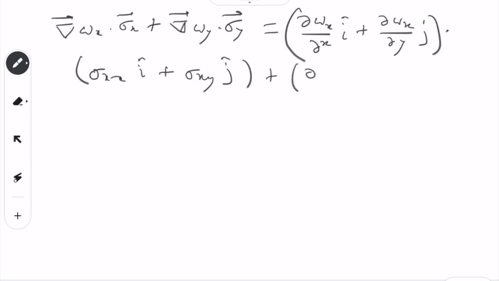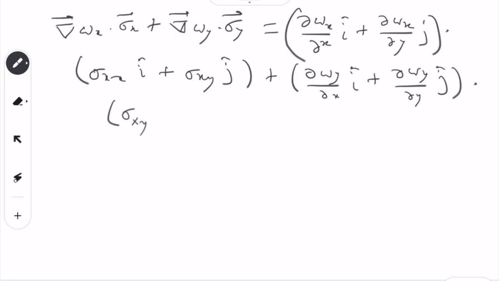So del wy over del x i plus del wy over del y j, dot sigma xy i plus sigma yy j. So this is the full expansion.